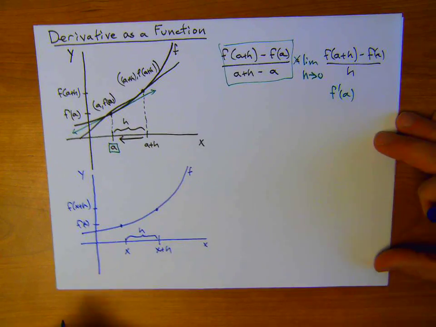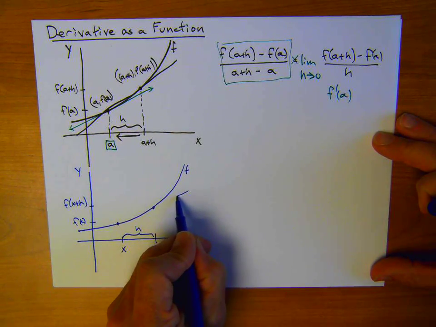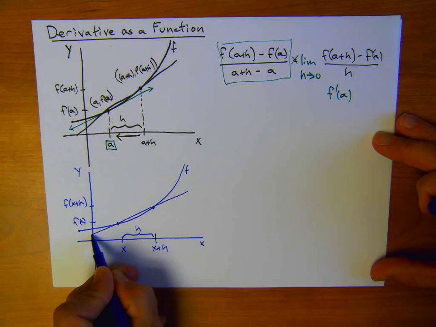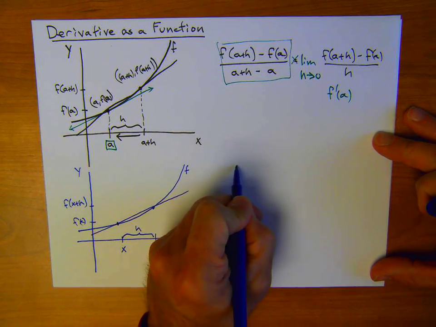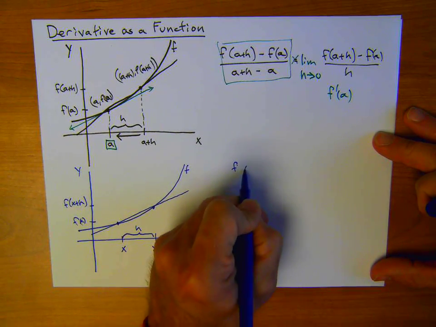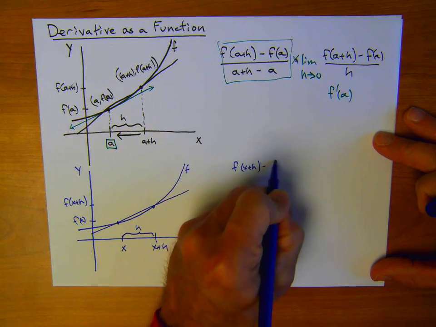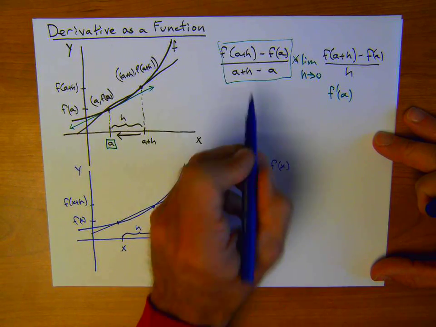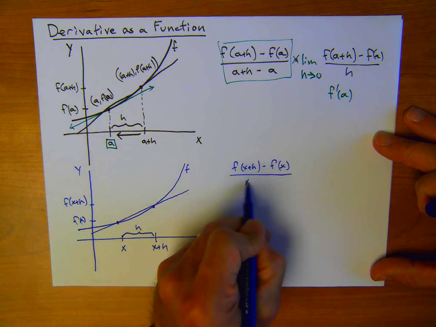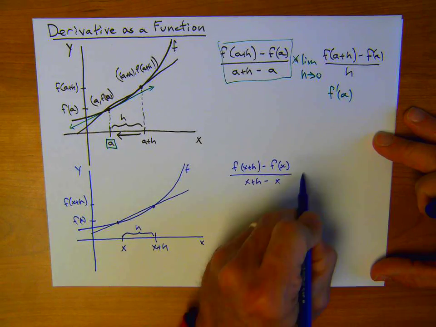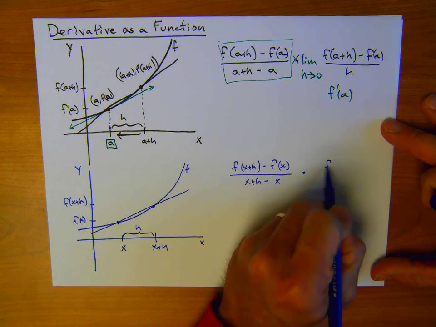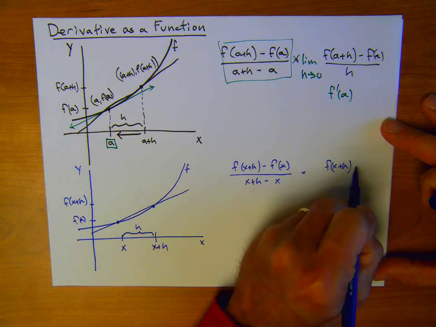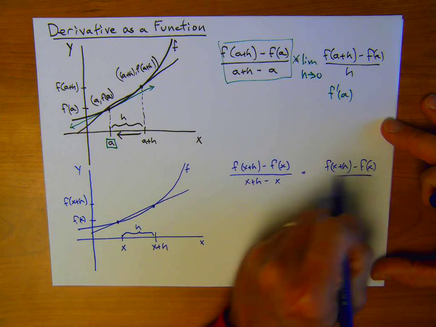Everything looks the same, right? So if I draw in the secant line a little bit straighter than the last one, once again the slope of the secant line there is f of x plus h minus f of x over x plus h minus x. That will simplify to f of x plus h minus f of x over h.